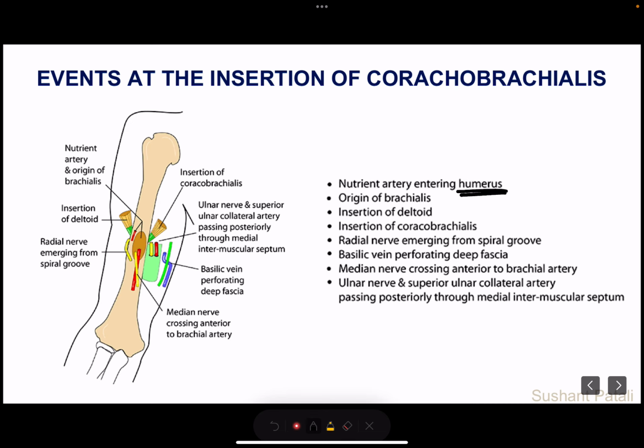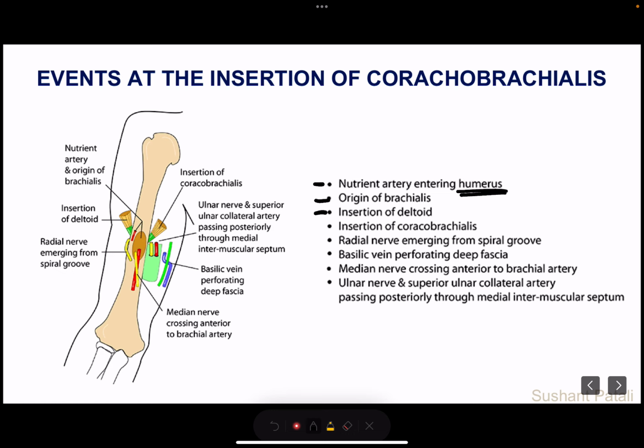We have the nutrient artery passing through the nutrient foramen, and it passes downwards. Therefore, the growing end of the humerus is upwards. And we also have the origin of the brachialis at the same place as the insertion of the coracobrachialis.